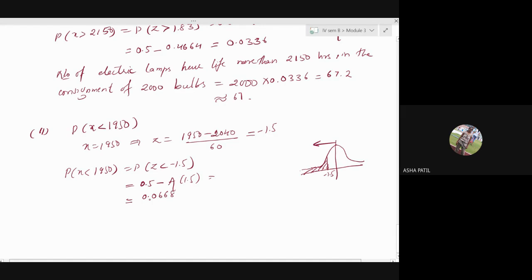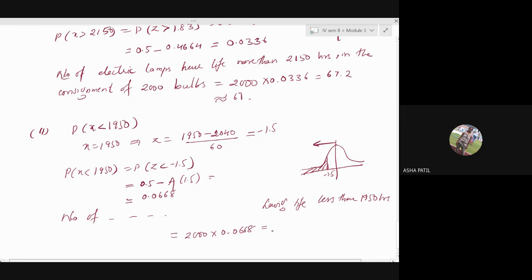0.0668. Okay. Now we have to multiply again, write the sentence. Number of electric bulbs having life less than 1950 hours is 2000 into 0.0668.